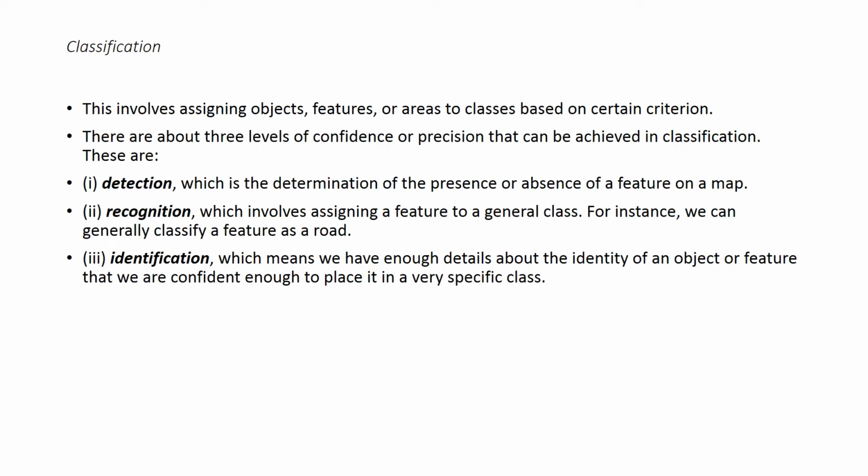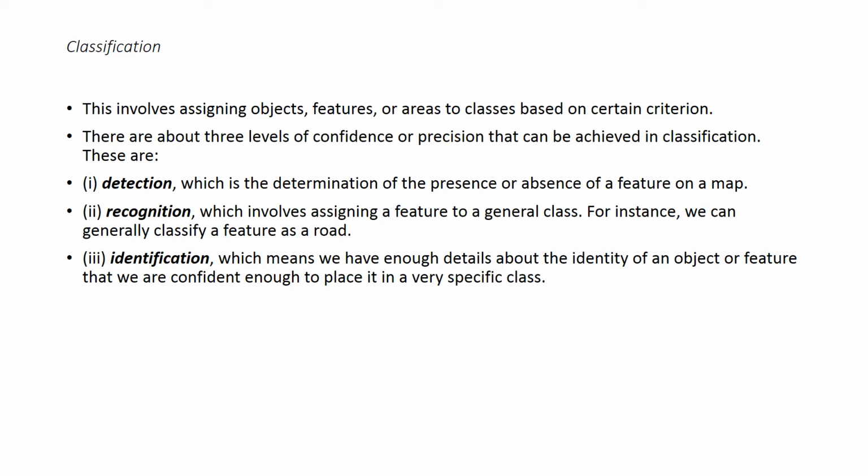Classification involves assigning objects, features, or areas to classes based on certain criteria. There are 3 levels of confidence or precision when doing classification. First, detection, which is the determination of the presence or absence of a feature on a map or group of features on a map.